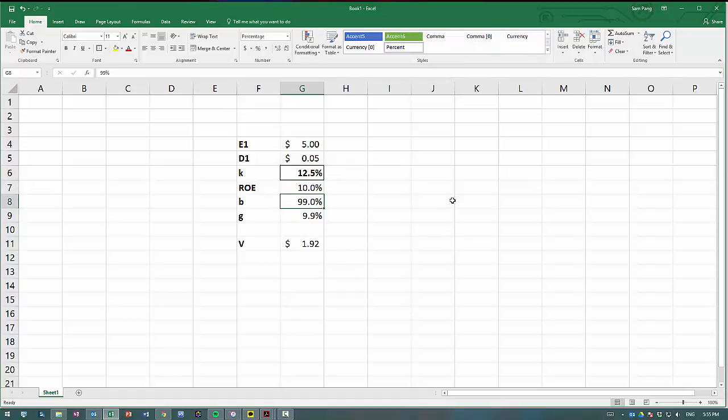you are the CEO and you still insist on retaining the earnings and reinvesting in your operation, what you are doing is your return on equity is lower than what investors would expect when they are using a 12.5% discount rate. Now that is called, I guess, value destruction, and that would be reflected in your share price.